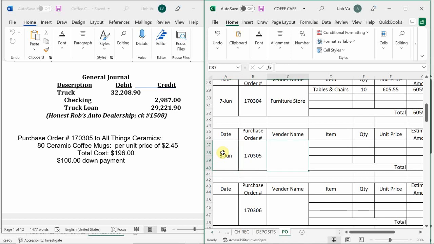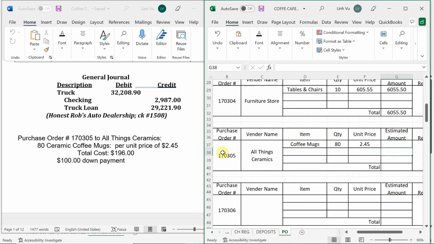Who are we purchasing from? All Things Ceramics. What did we buy? We bought coffee mugs, 80 of them, at $2.45. So therefore, that will give me a grand total of $196.